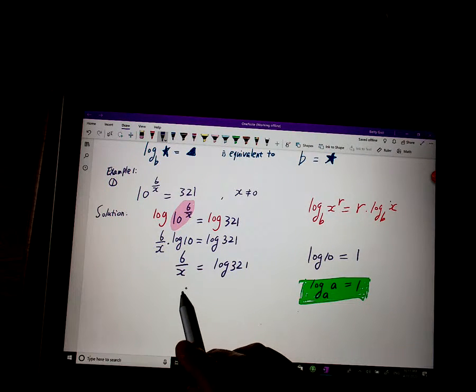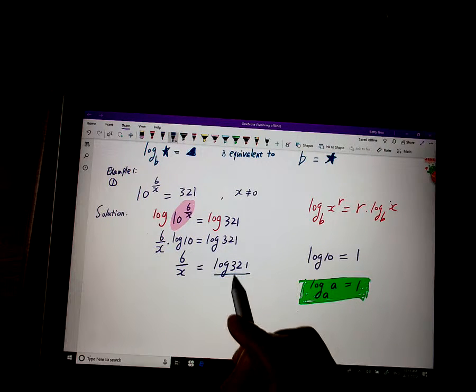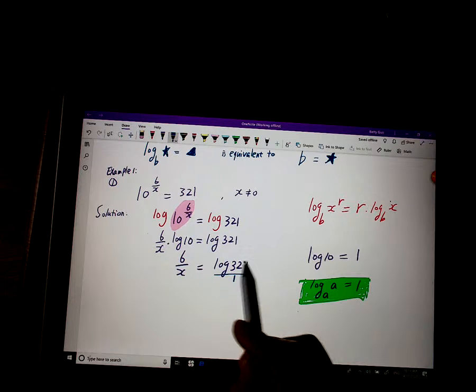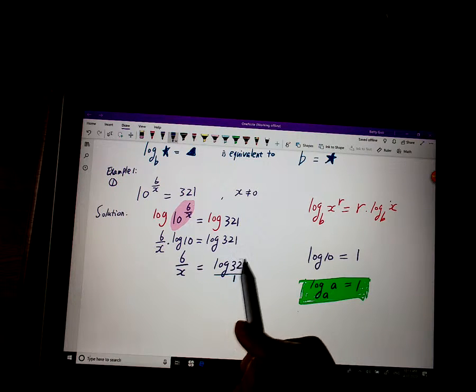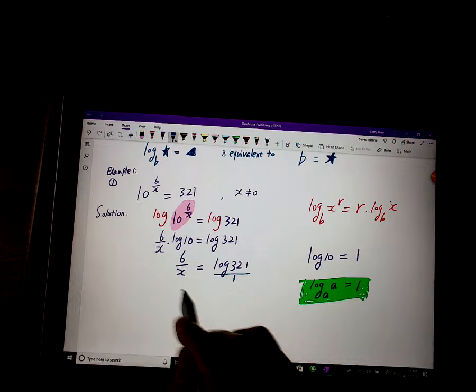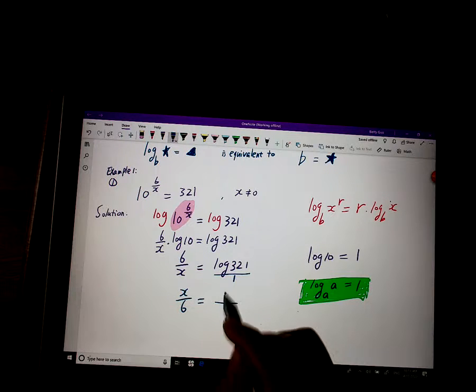The way that I'm going to approach this is to take the reciprocal of both sides. The right hand side is log 321, which I could rewrite as a fraction, common logarithm of 321 over 1. And then I flip the left hand side, and also flip the right hand side.